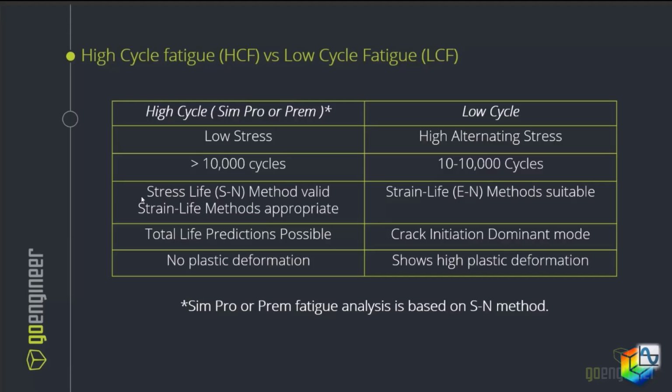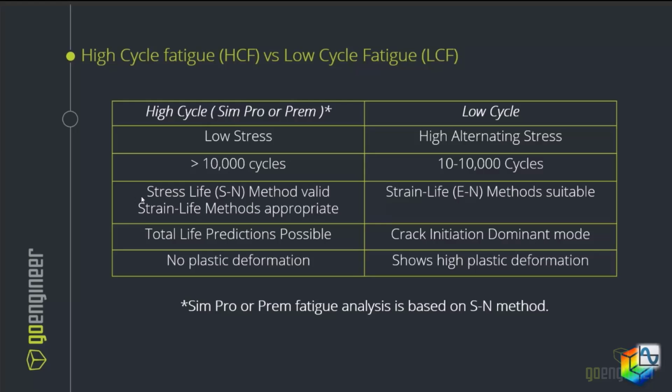Low cycle fatigue analysis does exist, but it is not supported in the SOLIDWORKS Simulation desktop application. Here you can see some of the key differences between high and low cycle fatigue analysis.